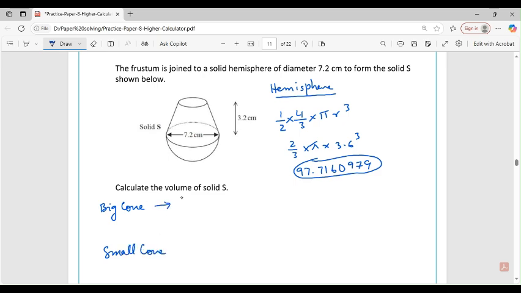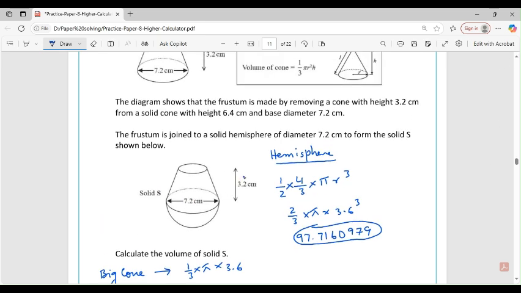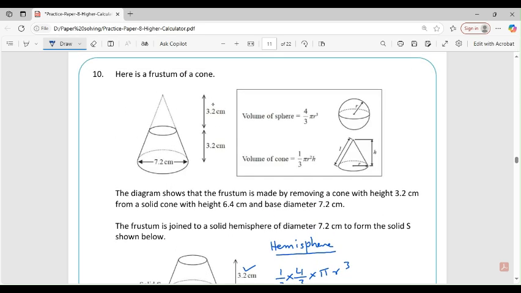For the big cone, it's going to be 1 over 3 times pi times 3.6. Where did I get 3.6? If you see over here, this is 3.2, and the upper part is also 3.2, but when we are finding out for the whole thing, it's going to be 6.4.